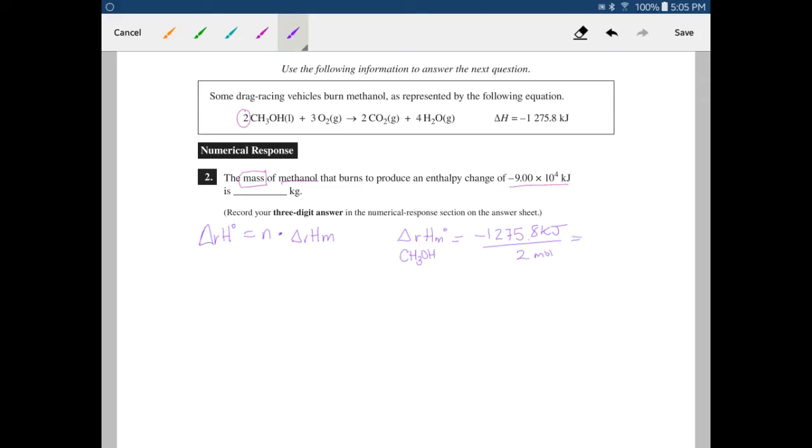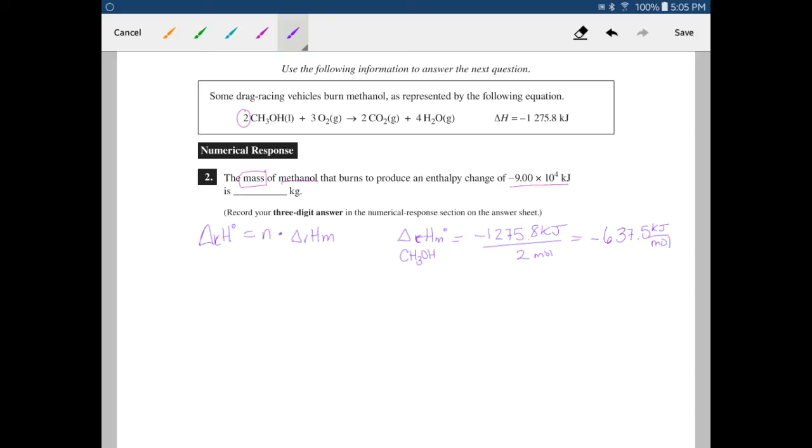Okay, that is going to equal negative 637.5 kilojoules per mole. Now that is my molar enthalpy of methanol, or the combustion of methanol. And I guess I can change all of these little letters to a C.